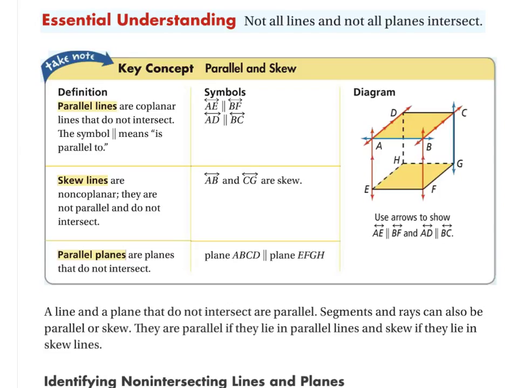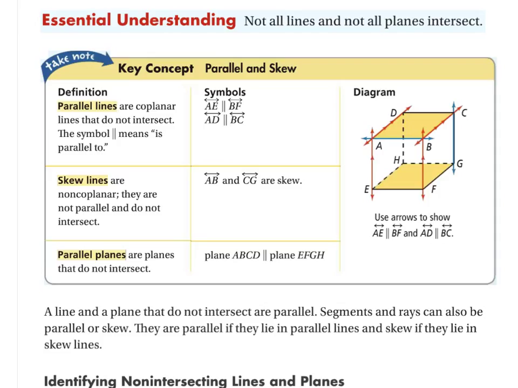And then the last thing is parallel planes. You also need to know that planes can be parallel. For example, think of the ceiling and the floor. The ceiling and the floor are parallel planes. Of course, they will never intersect, barring any catastrophe or earthquake.